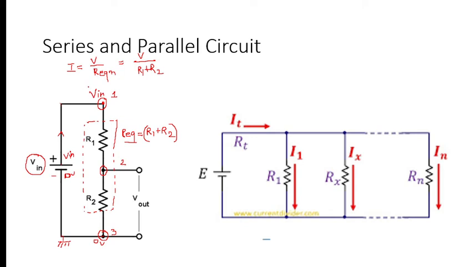So this is the node voltage V in, this is the node voltage V0. Now what will be the voltage over here? Here the voltage will be in between V in and V0. How do we conclude that? Because whenever there is a current flowing through this circuit, it will create a voltage drop.